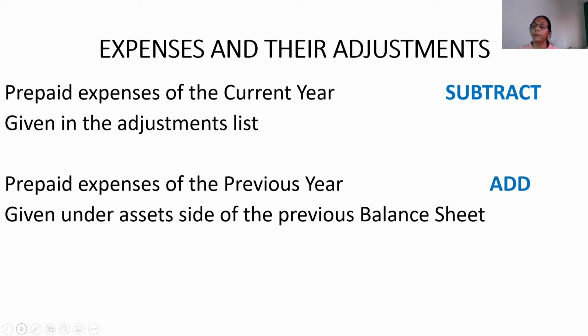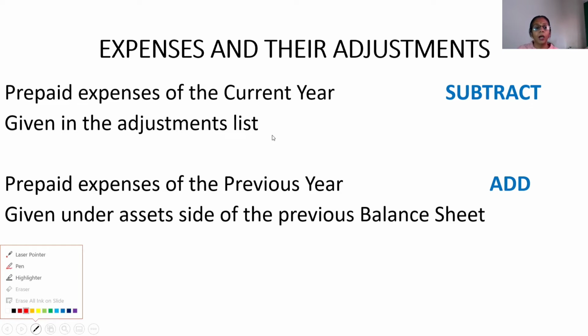Also, we find prepaid expenses. The basic understanding, prepaid meaning that for the future year we have paid it in this year itself. Now the same thing continues over here. In case prepaid expenses are found in the list of adjustments, it refers to the current year's prepaid. Now when you are talking about current year's prepaid, actually you have paid it for the next year. See, let us imagine 2021 to be our basic current year.